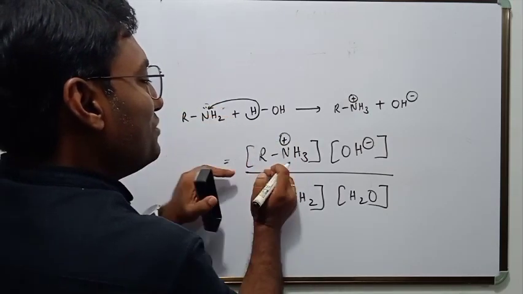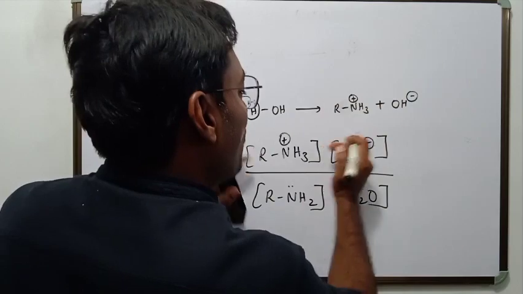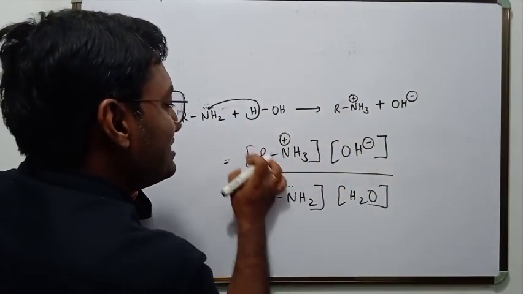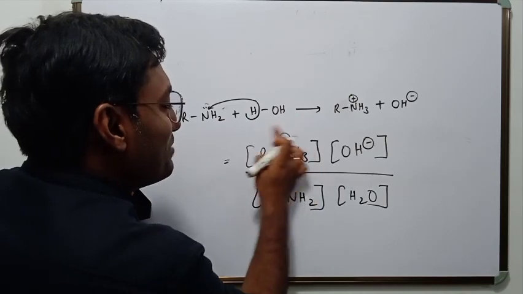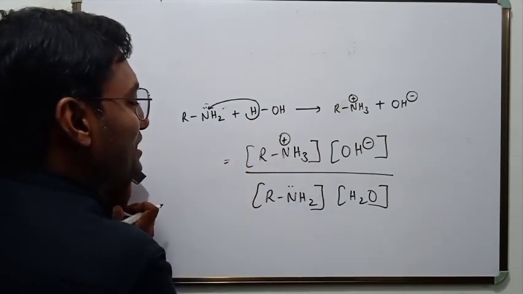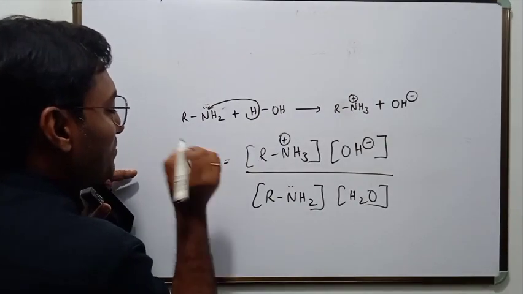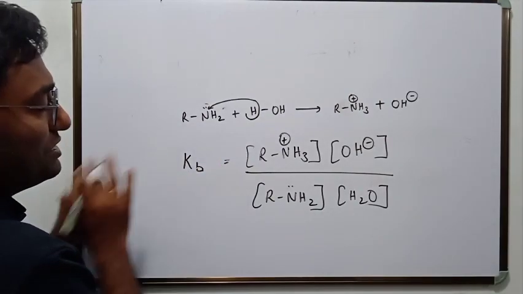The extent of dissociation in water is always constant because it depends upon the basicity nature of this substrate. So this constant I will name the base dissociation constant, or Kb.